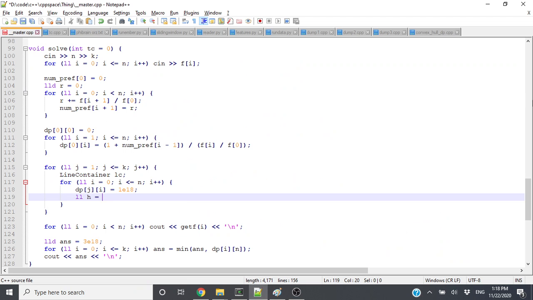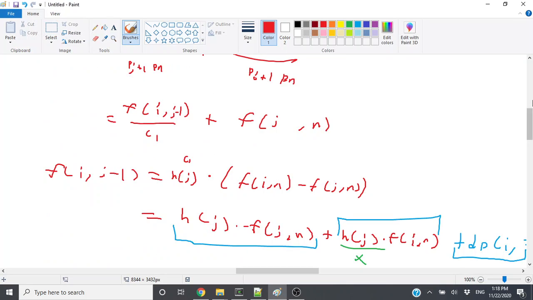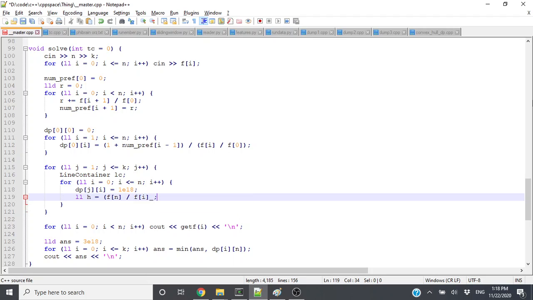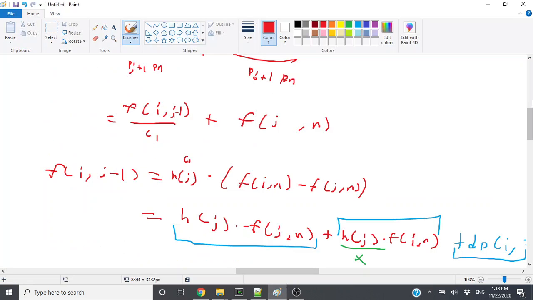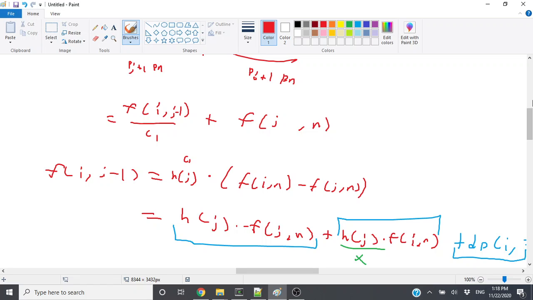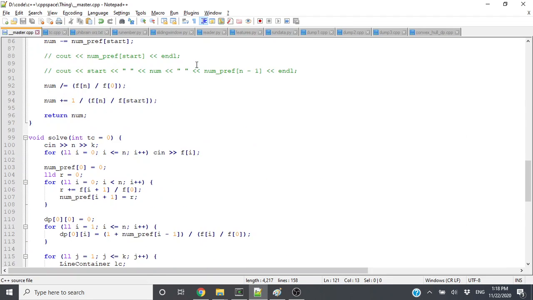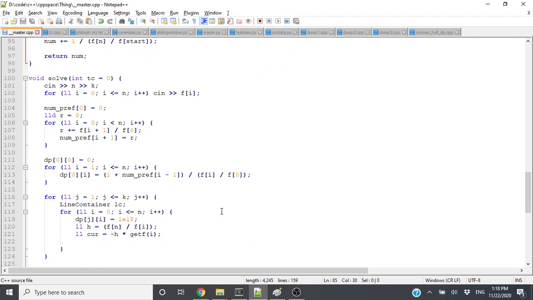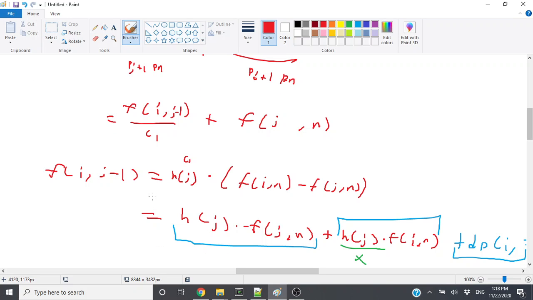So LLH equals f of n over f of I. Although cur equals negative h times get f I. Let's just make that clear. Start equals m, return 0. Cur equals negative h times that.